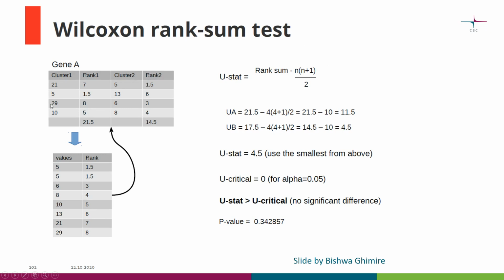Here we have four cells, so we have four measurements for that particular gene. When we put the numbers in, we get 11.5 and 4.5. We take the smaller U statistic number and compare that to the critical U value. We can see that our U statistic value is higher than the U critical value. So there is no significant difference of expression for this particular gene between these two clusters.